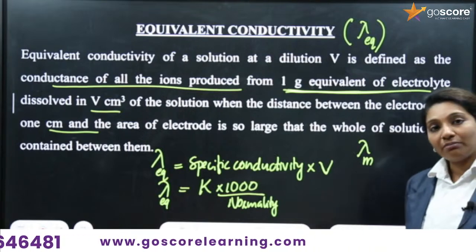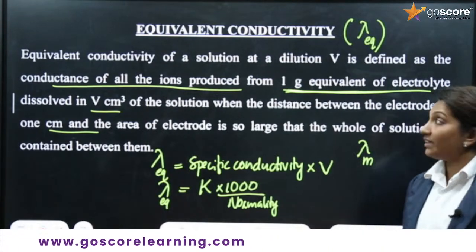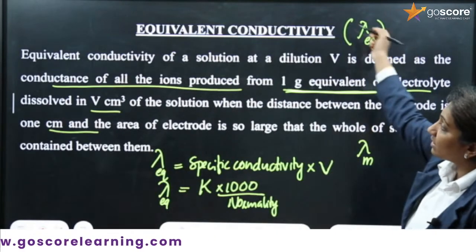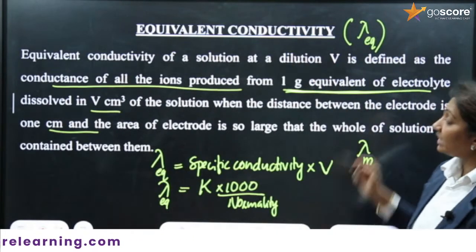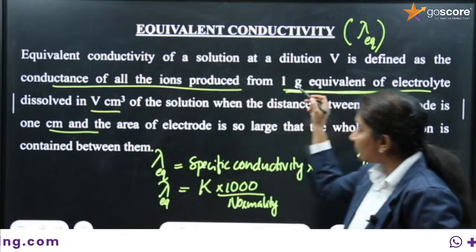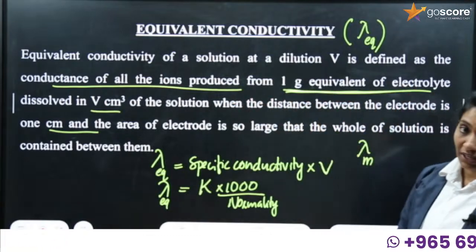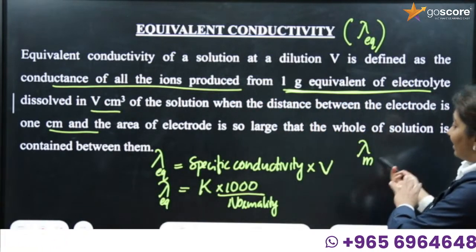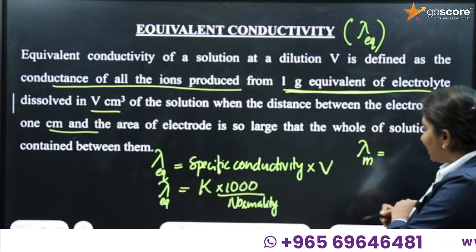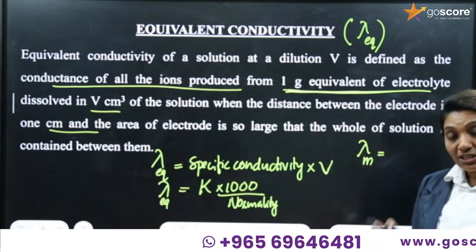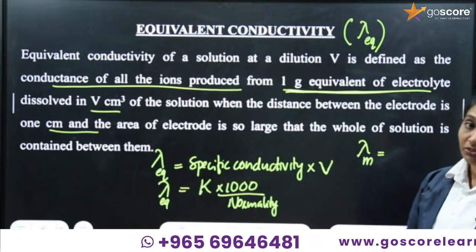Lambda equivalent is the conductance of all ions produced from 1 gram equivalent of electrolyte, and lambda m is the conductance of ions produced by 1 mole of electrolyte.